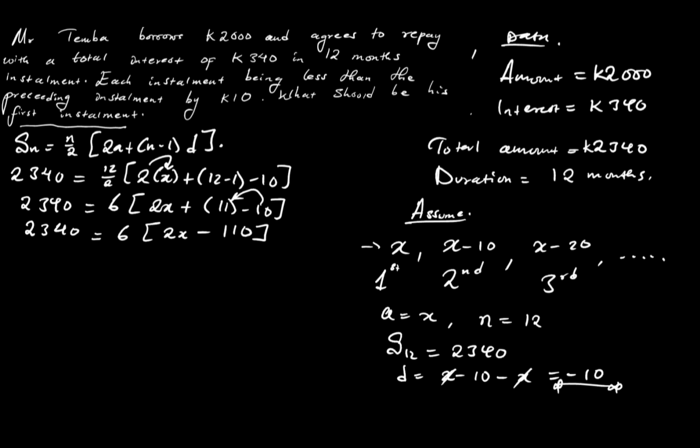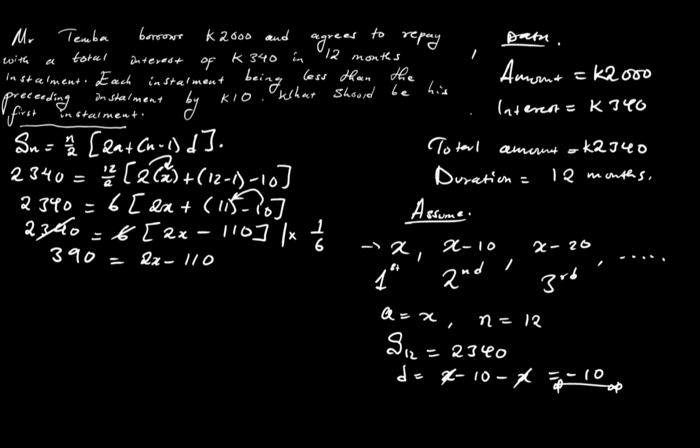So we can also expand this out, but in my case, I feel like it's much easier to just divide throughout the equation by 6. And if we do so, we end up having 390, that is if 6 goes into 2,340, then 6 into 6, that's basically 1, and 1 times everything will not change anything. So I have 2x minus 110, like that.